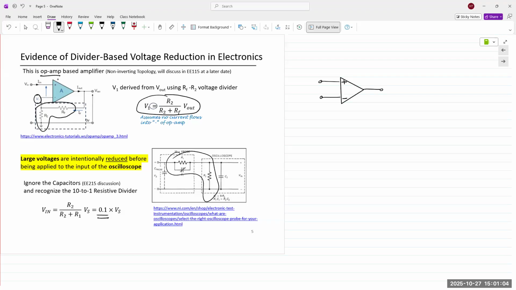Hence the name 1:10 probe or 10x probe. In the lab, when you're doing a measurement like this, you need to ensure that the manual switch is set to the same settings that you plug into the oscilloscope. The oscilloscope needs to know what setting you are using at the probe. And so that's another application of resistors.